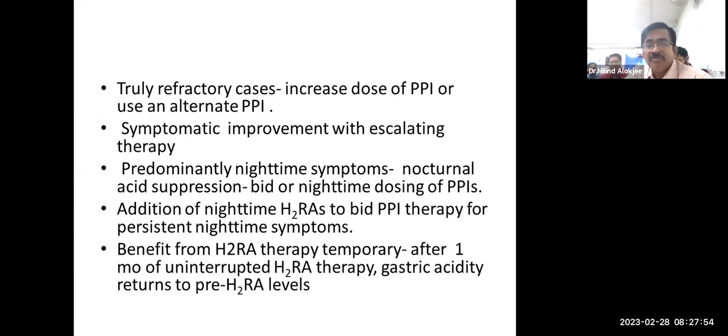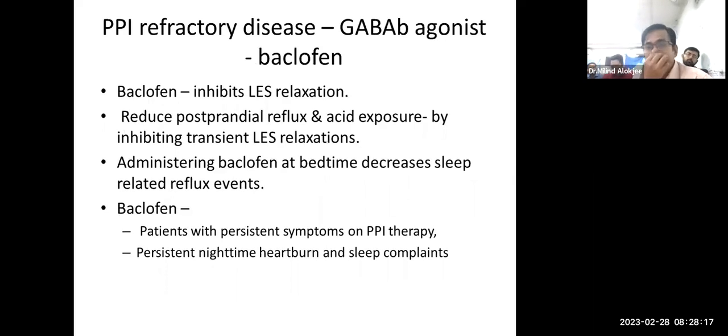Or you can add a nighttime dose of H2 antagonist to BID PPI therapy. However, it is observed that H2 receptor antagonist therapy is not effective after 1 month, and gastric acidity returns to pre-H2RA level after 1 month of therapy.